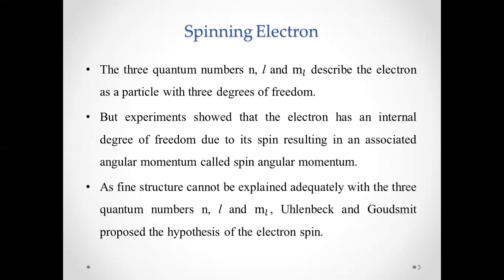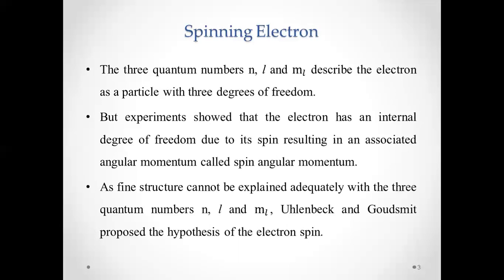But experiments showed that the electron has an internal degree of freedom, that is the 4th degree of freedom, due to its spin, resulting in an associated angular momentum called spin angular momentum.